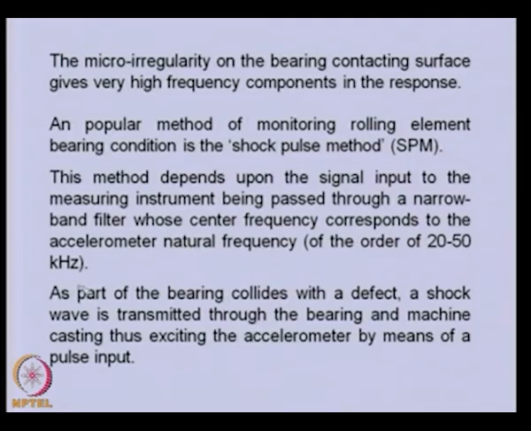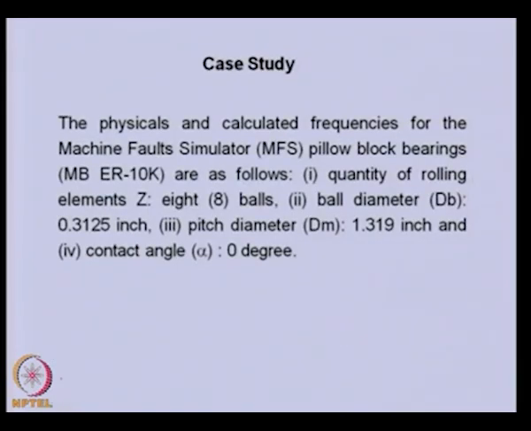So, basically as a part of the bearing collides with the defect, a shock wave is transmitted through the bearing and the machine casing, thus exciting the accelerometer by means of a pulse input. And because the frequency is close to the accelerometer natural frequency, we will get a very high amplitude of vibration. So, this is one case study for the bearing.